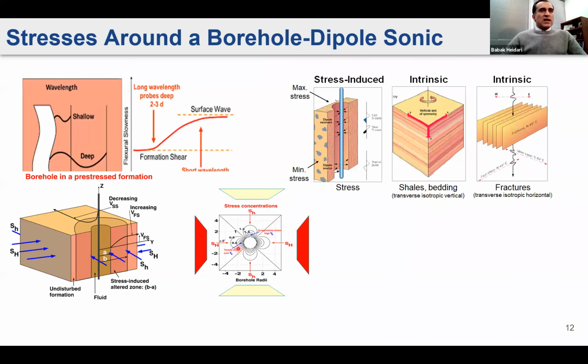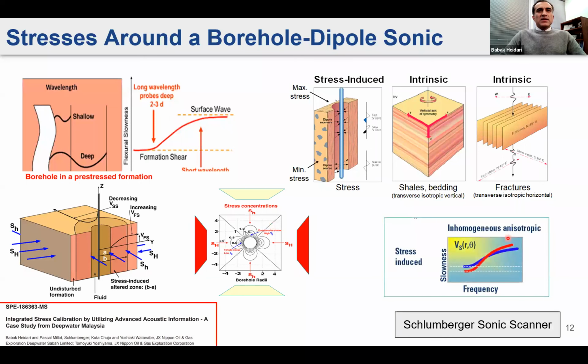The same is happening with the slow shear. This is something they have observed based on the measurement: a crossover pattern between the fast and the slow shear. They are trying to use this pattern to back calculate the magnitude of minimum and maximum horizontal stress.